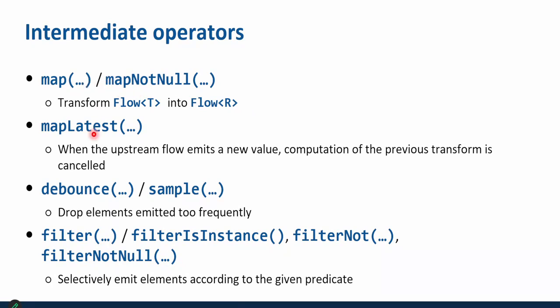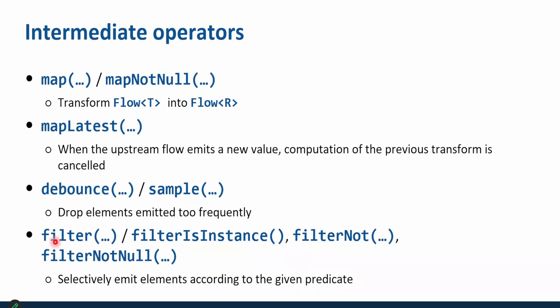You can also have the version of the mapping which operates just on the last value emitted in the queue, which in some cases may be more appropriate, especially in the case of cold flows.